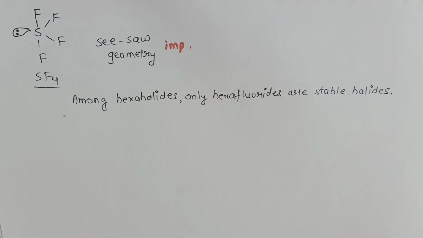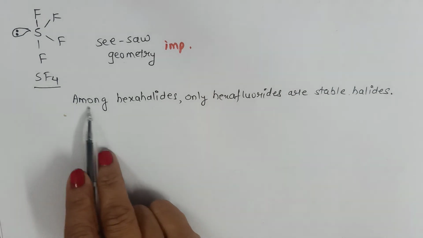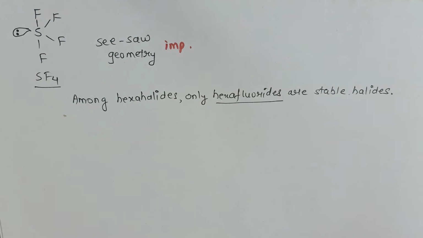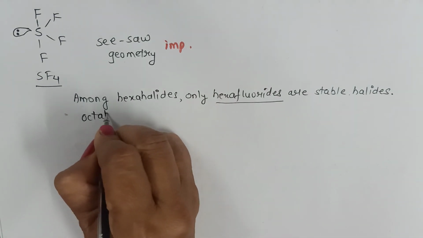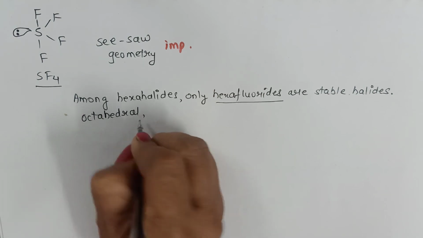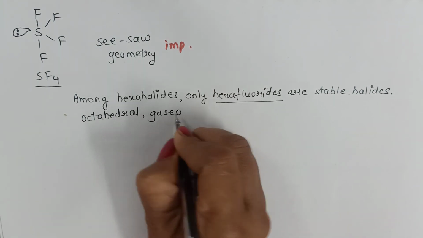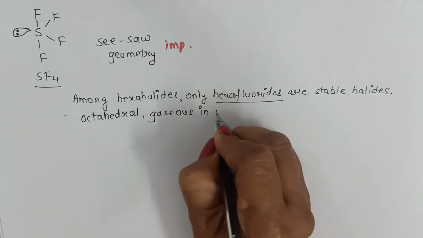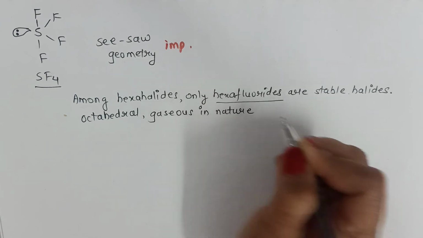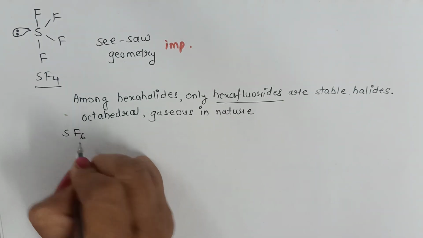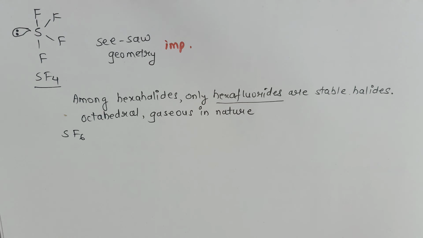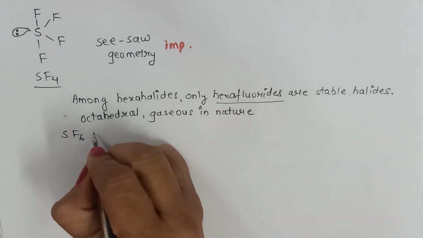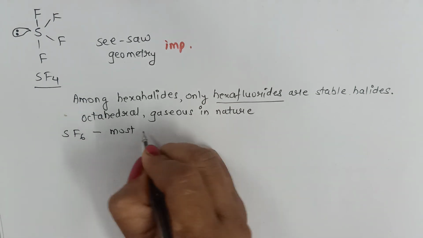Now when we are discussing hexahalides, among hexahalides only hexafluorides are the stable halides. They are octahedral in shape and all are gaseous in nature. For example, SF6. Although it is a violation of the octet rule, it is the most stable compound.